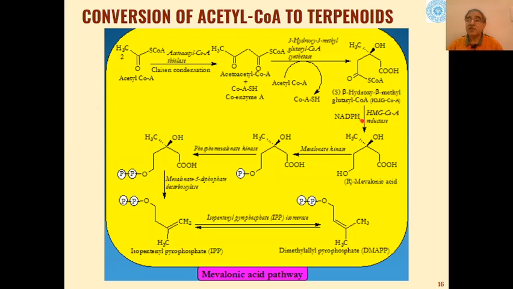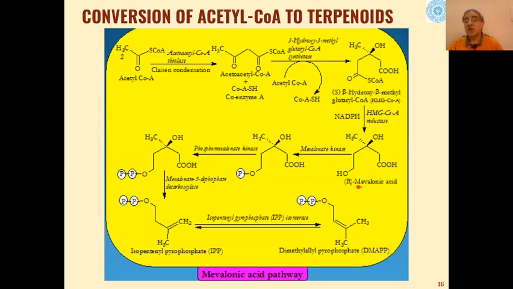Then in the presence of HMG coenzyme A reductase, reduction of this will take place, and a molecule of coenzyme A will be eliminated, and this will be reduced to CH2OH, and we will get mevalonic acid as the product of this reduction in the presence of NADPH.